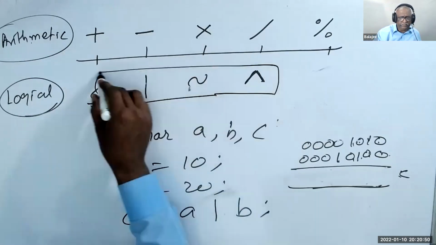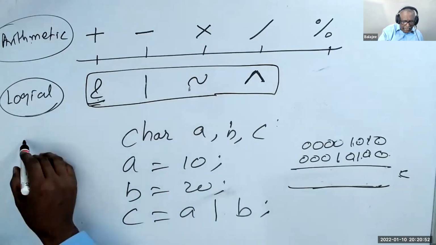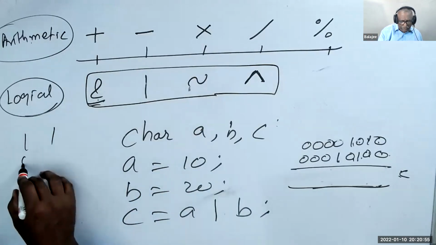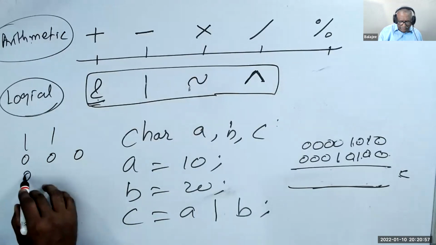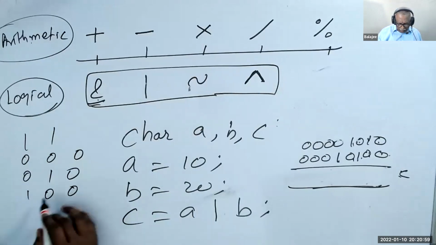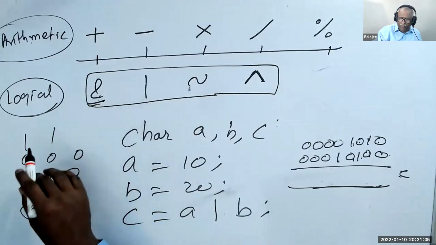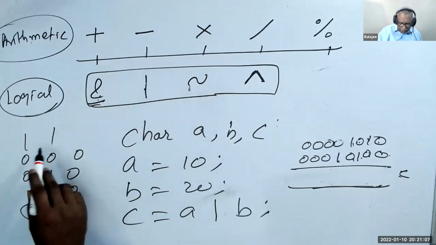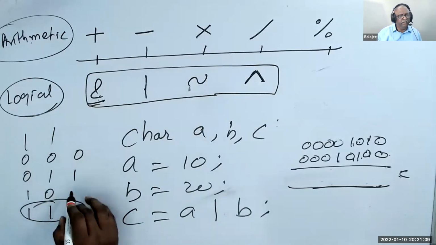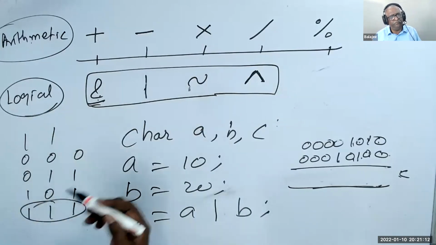In AND, 0 0 means 0, 0 1 means 0, 1 0 is 0. When both are 1, only then 1. That is, A is 1 and B is 1. That's why we use AND. If you use the OR operator, same, but if one of them is 1, it is 1. If A or B is 1, it's fine.